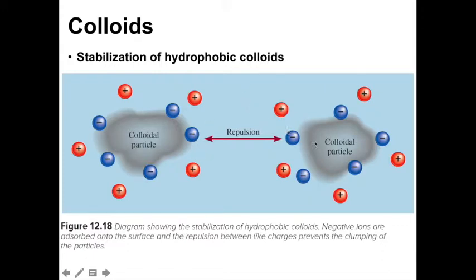At the same time, if the same charges attach to the surface of two colloidal particles, then there will be repulsion between the particles. So it prevents them from coagulating with each other. So that stabilizes the dispersion of the colloidal particles, right?